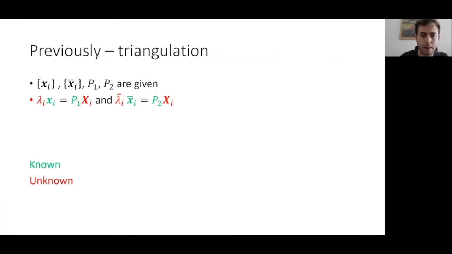So basically, in this case, we know point correspondences, we know the cameras, but we don't know the 3D points and their depth. So in this case, we have a linear formulation for our unknowns in the case of triangulation.